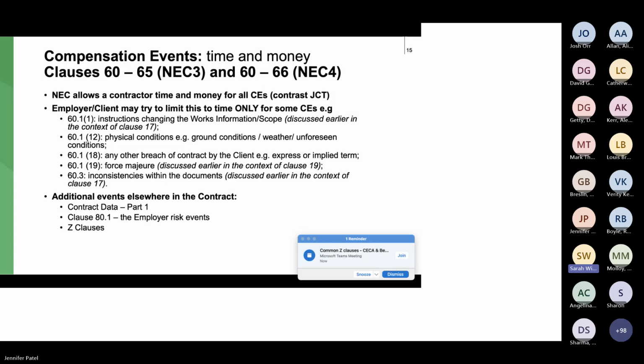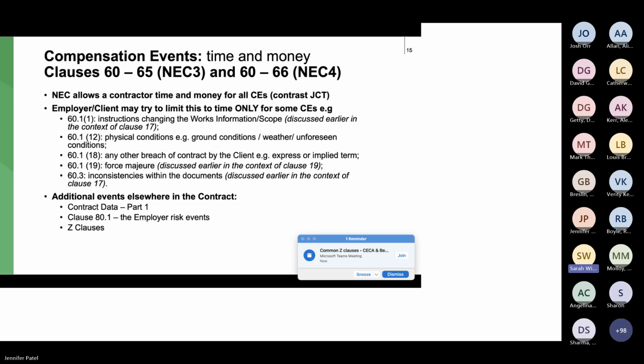Take for example weather. Sufficiently bad weather might get a contractor an extension of time, but no right to any loss and expense, so no right to the prelims costs for that extra time on site. NEC is different because time and money is paid.